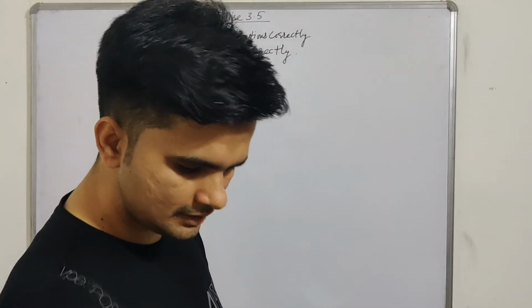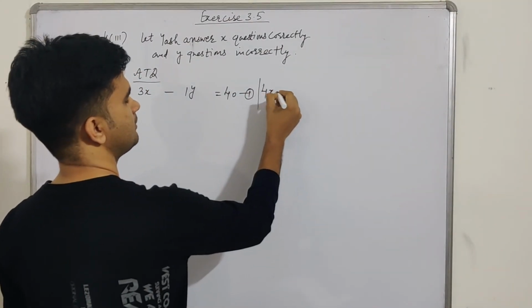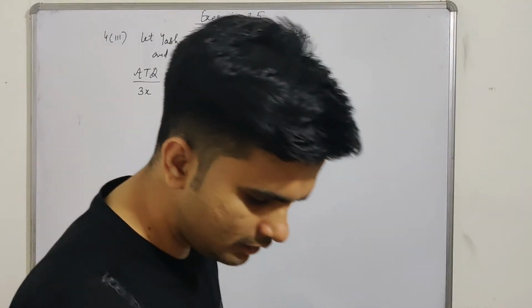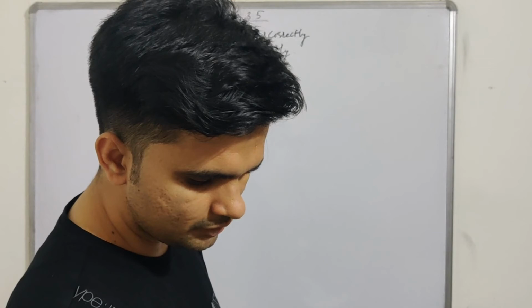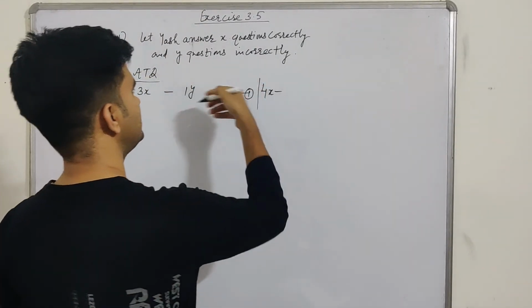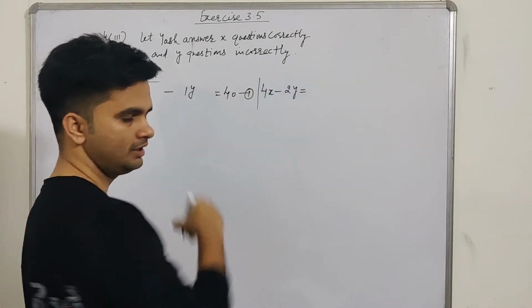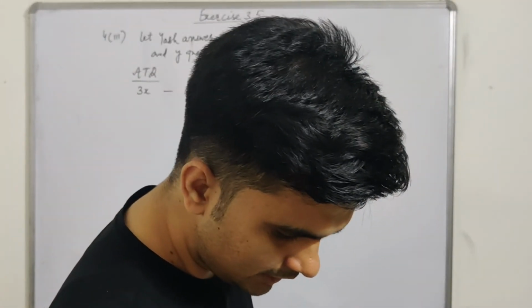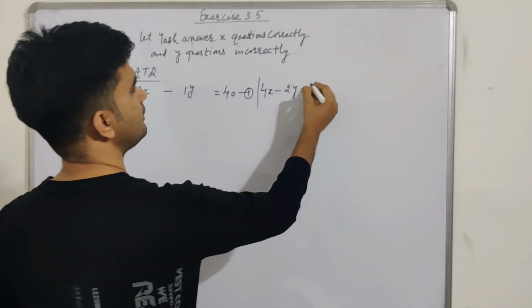The next condition: had 4 marks been awarded for each correct answer, it will become 4x marks, and 2 marks deducted for each incorrect answer means 2 into y, total 2y marks will be deducted. And then Yash would have scored 50 marks.